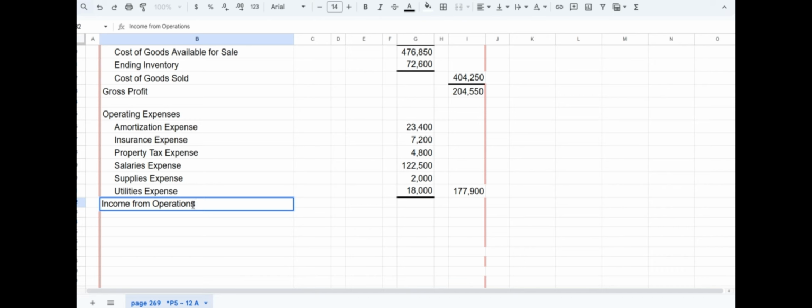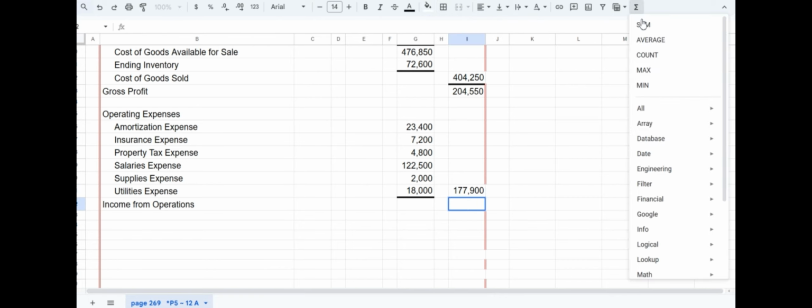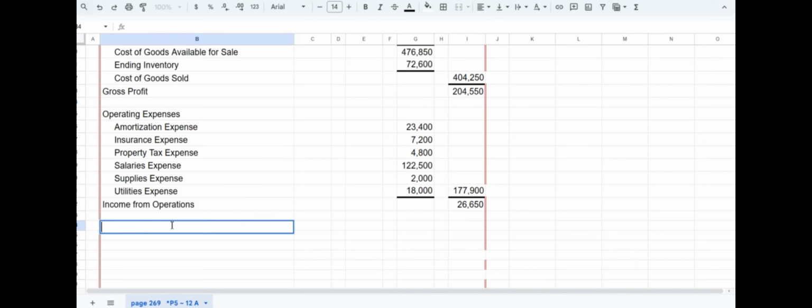And this is the gross profit minus the operating expenses, which is 26,650.